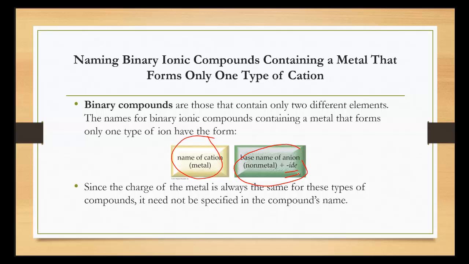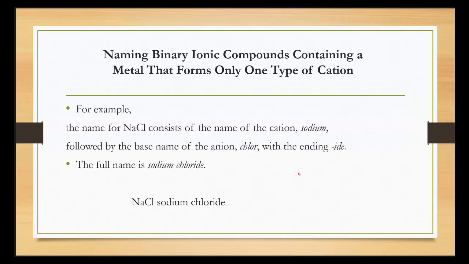For example, the name for NaCl consists of the name of the cation, which is sodium, so Na is sodium, followed by the base of the anion, which is chlorine, so chlor is the base of it, and ending in "ide", so chlorine becomes chloride, so it becomes sodium chloride.